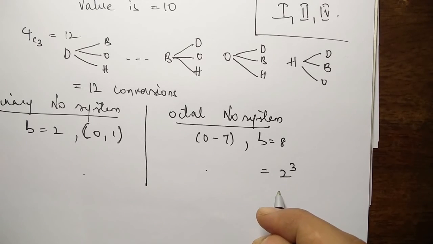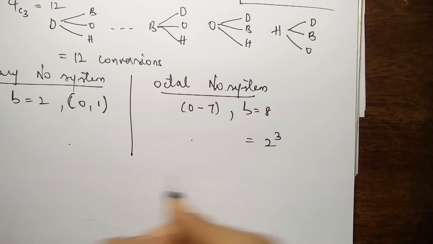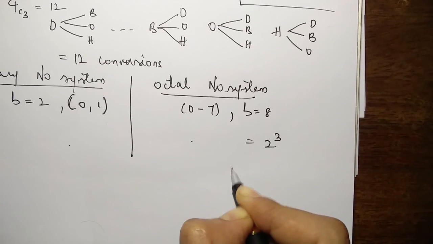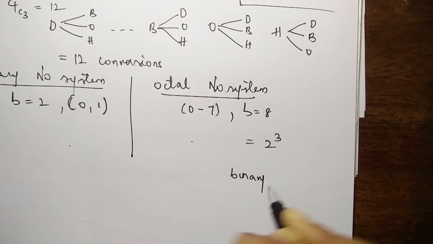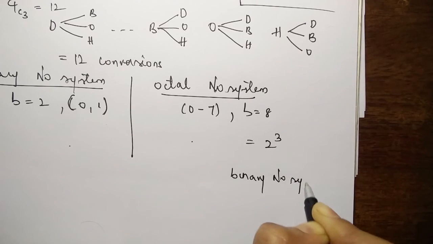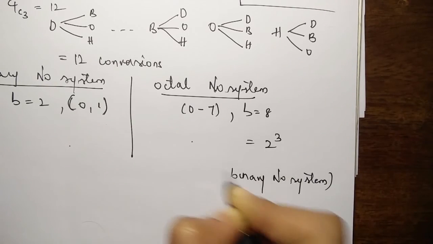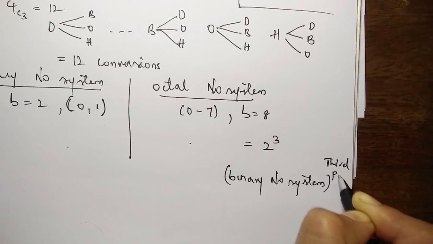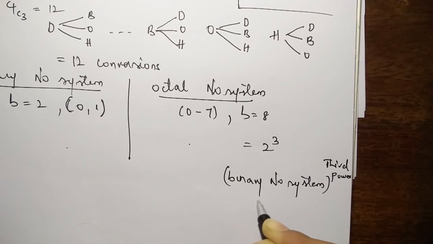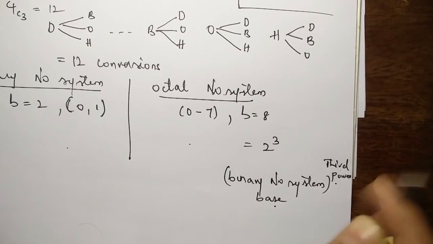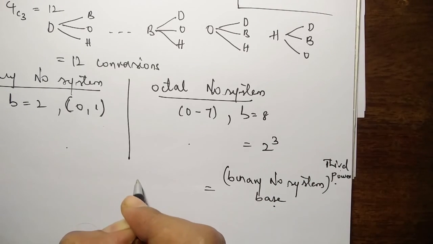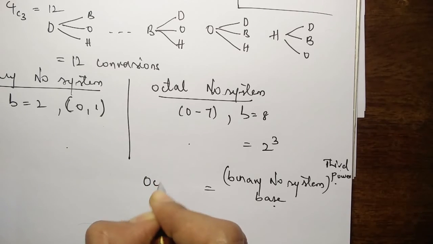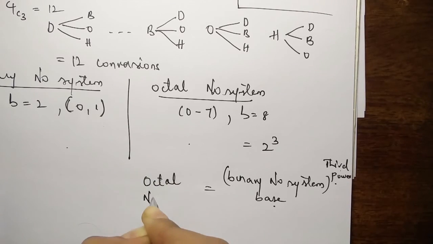You can also say the binary number system base is 2 and its third power is the octal number system base value.